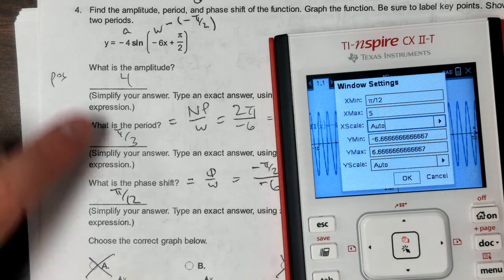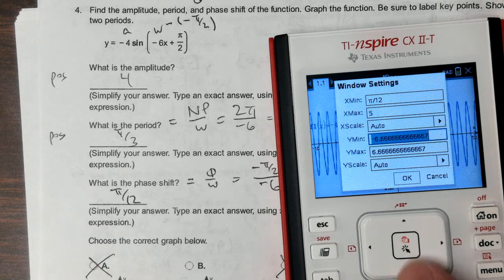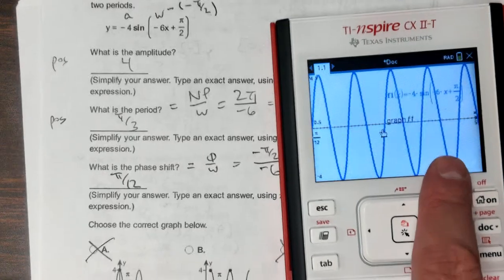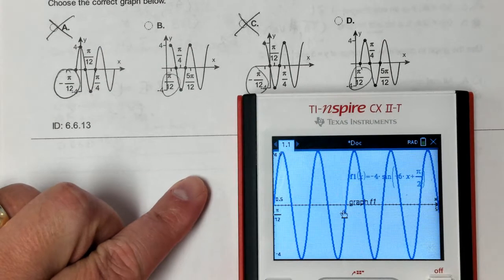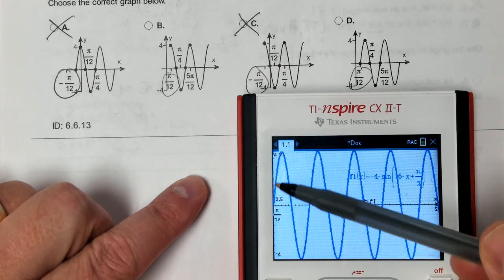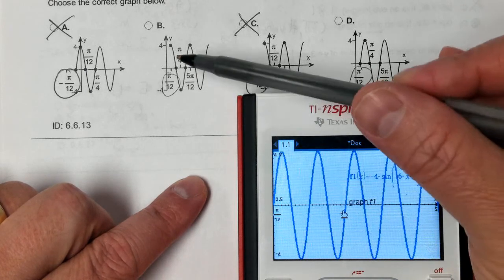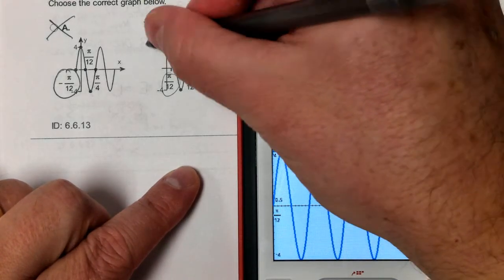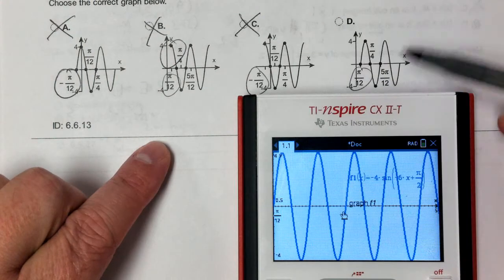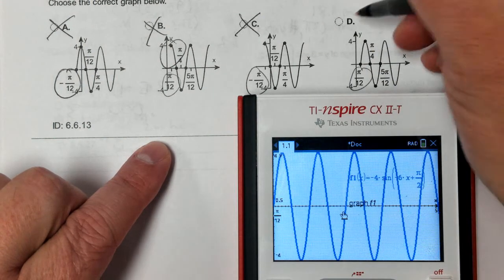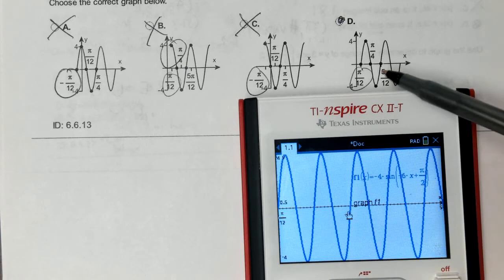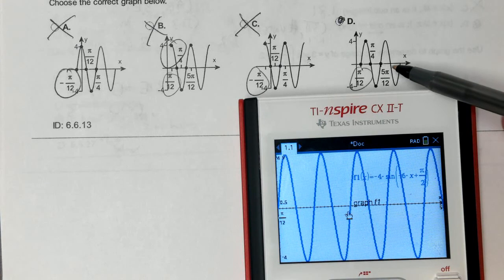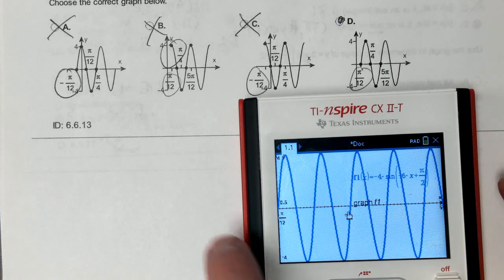And then our Y values are going to go from negative 4 to 4. Okay, so there's our graph. And so at pi twelfths, it's starting to go up, and this one's coming down. So that's why it's not that. It's this one. So again, pi twelfths, pi fourths, and 5 pi twelfths were x-intercepts.